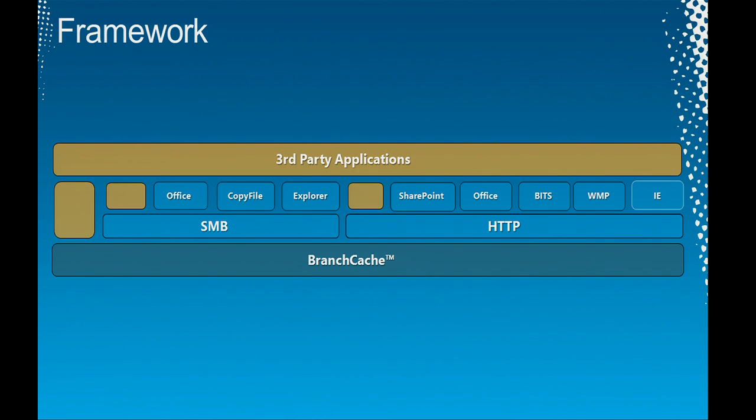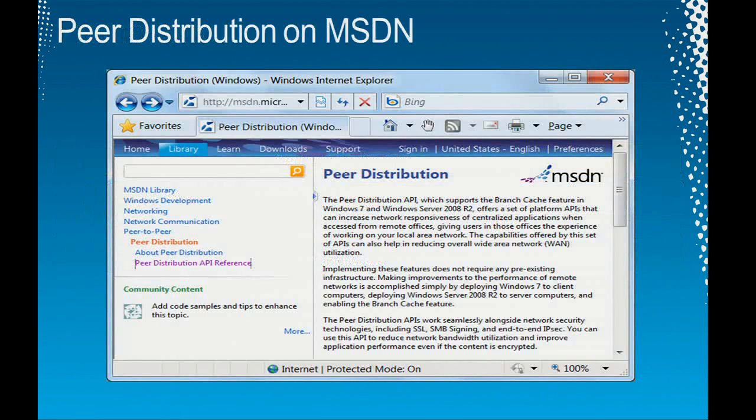We've documented that whole process for you. This is what we're delivering. We're making it extensible for you to take it further, and that's completely up to you. So you go on to MSDN. BranchCache is the solution name, and the APIs are documented as peer distribution. So if you go to MSDN, you'll see all the protocols that BranchCache leverages to get the reads, the requests, and the caching documented, so you can extend it further and take it beyond what we've done out of the box.